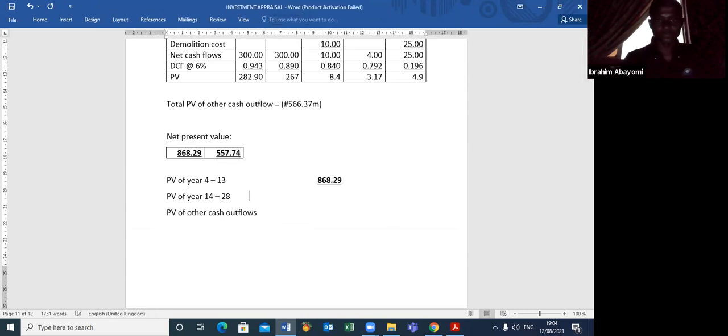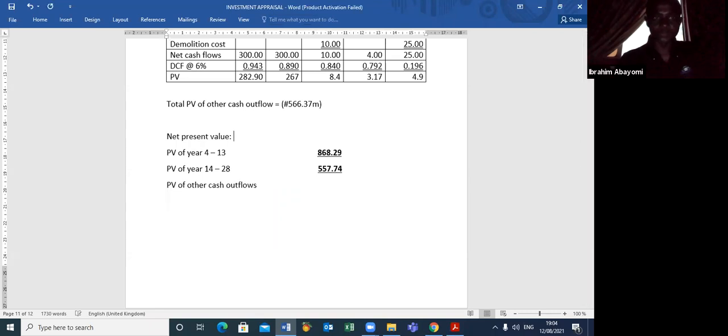Whereas other outflows, I have negative 556.37. Remove the underline. So now the line will be here.